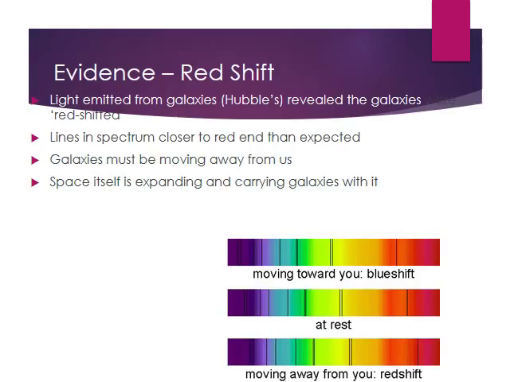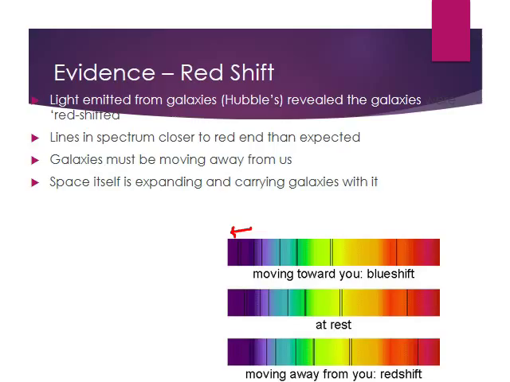And we can see in this diagram, we have got spectral lines of a galaxy moving towards us. And we can see that the individual spectral lines are shifted towards the blue end of the spectrum down here. So these are these black lines here, which represent the different wavelengths of light being emitted.